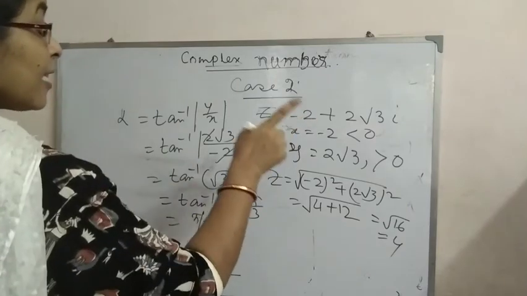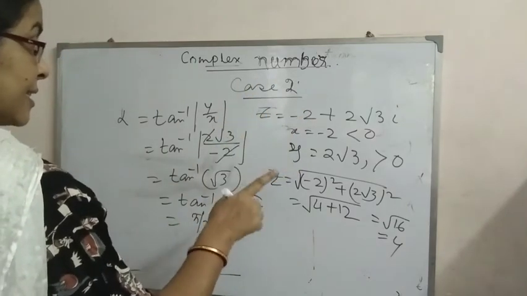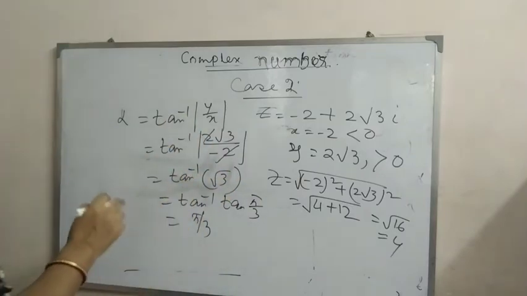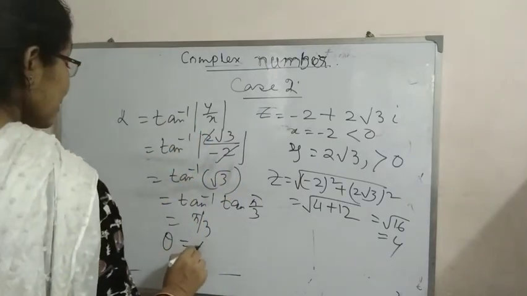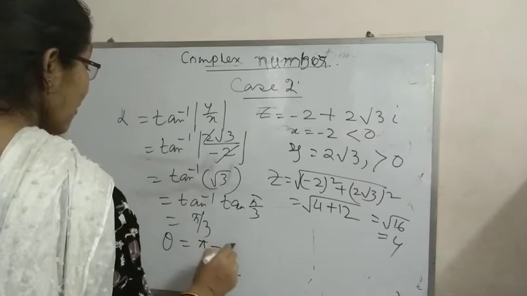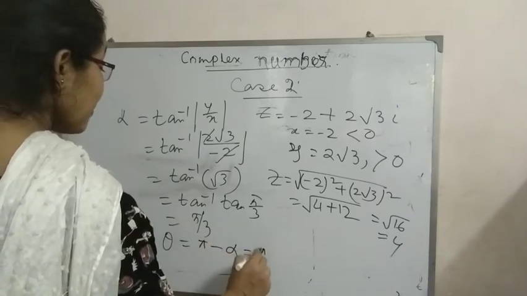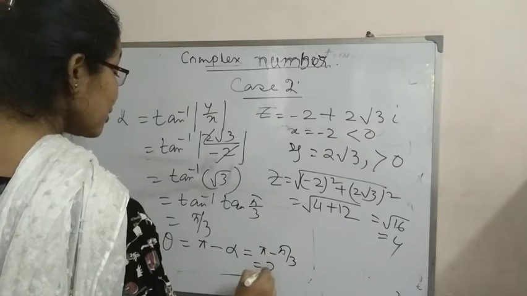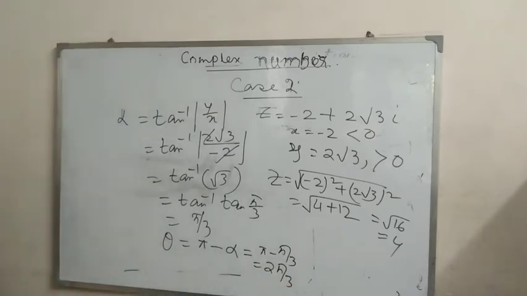Since P lies in the second quadrant, theta equal to pi minus alpha, that is pi minus pi by 3, equal to 2 pi by 3.